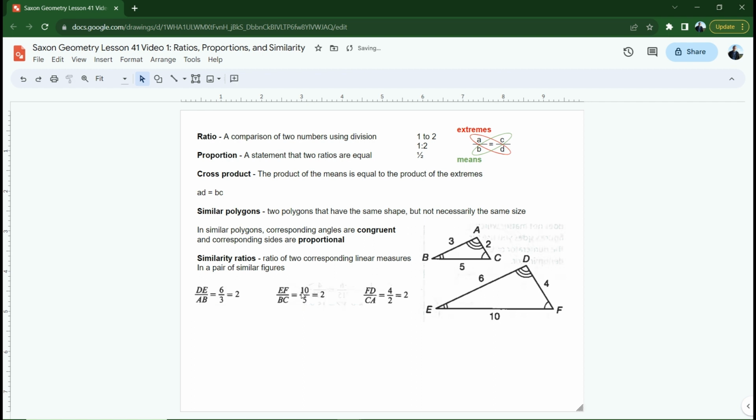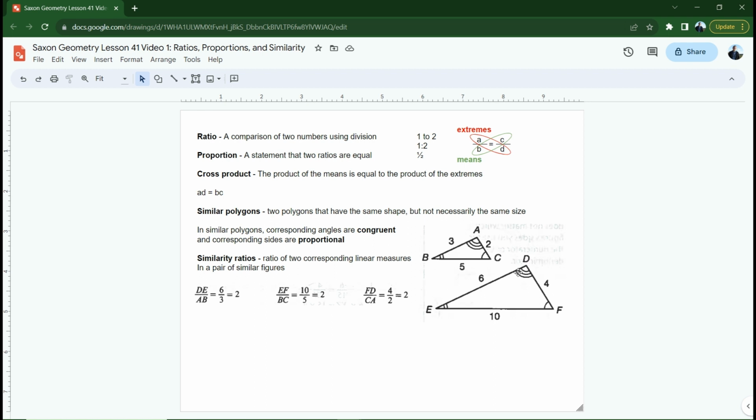All right, next, I can write out my similarity ratios for all of my corresponding measures. And when I talk about similarity ratios with corresponding polygons, what we're talking about is linear measures of side lengths, okay? So I noticed that DE corresponds to AB.